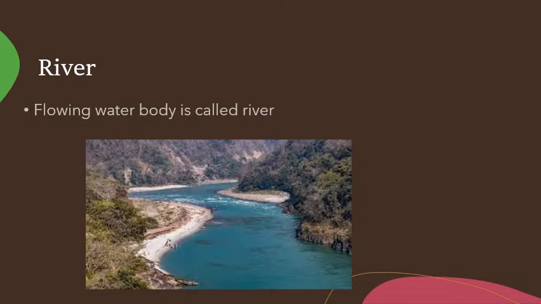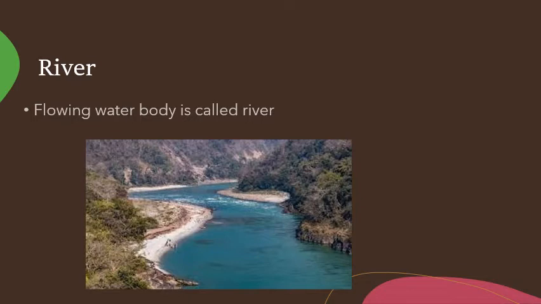Now in your textbook on page number 86, at the top, they have given natural water sources: rivers, ponds, lakes, streams, wetlands. On the screen you can see small definitions of these water sources. I will read it for you, I will explain it to you, and you write it down in your textbook.